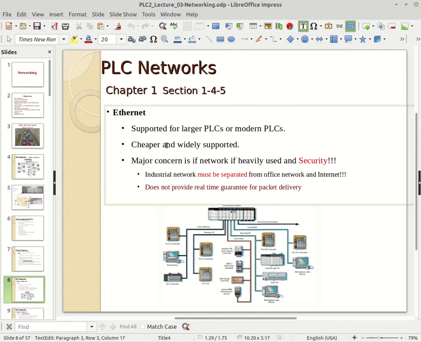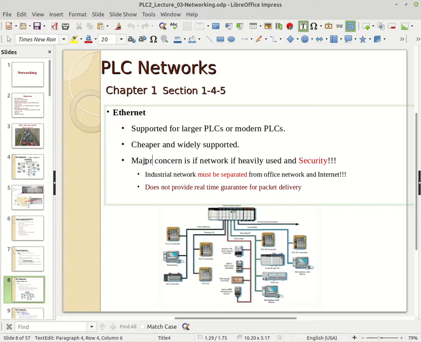Ethernet is actually seeming to become more and more popular for industrial networks because the hardware for Ethernet devices is used all over the place, and so the price of it has dropped dramatically in comparison with the dedicated ControlNet or DeviceNet type hardware that is only for industrial type networks.